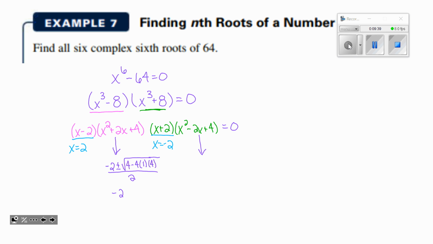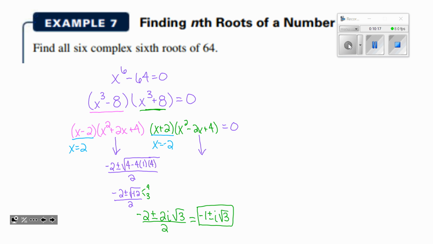So negative 2 plus or minus square root of negative 12 over 2. Well, negative 12 will reduce, and 12 is 4 times 3. So this could be negative 2 plus or minus 2i root 3 all over 2, which is then going to give me negative 1 plus or minus i root 3. So there's 2 of them.